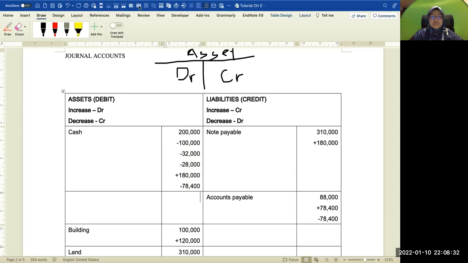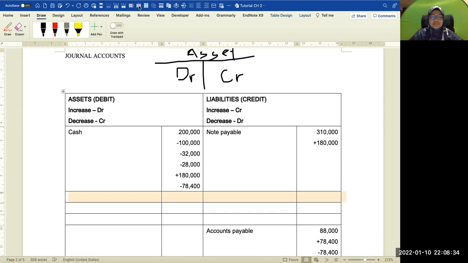The final balance will be 142,000. Sorry, hold on. Let me see first. Would you like to share your workings? Because all the positive means all the credit should be summed.